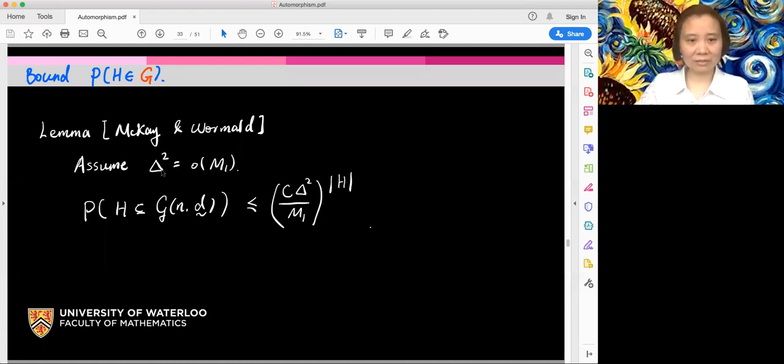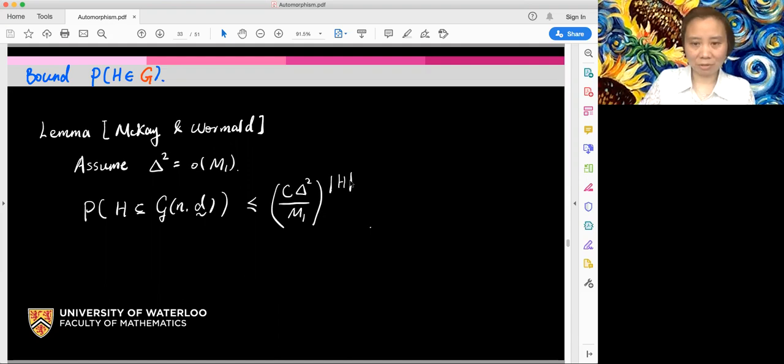As long as the maximum degree is not too large, the probability that all the edges in H are included in this random graph is bounded basically by the square of the maximum degree over the total degree of the graph, raised to the number of edges in H.